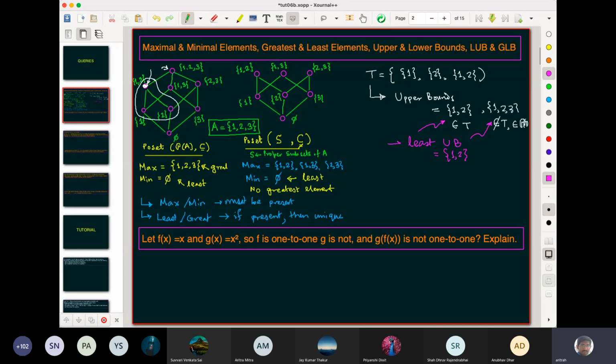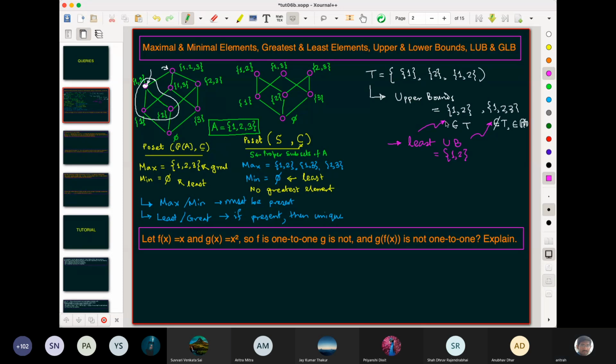So this is the least upper bound. Similarly, we define the greatest lower bound as well. Clear? So just remember that these bounds are defined with respect to a subset.